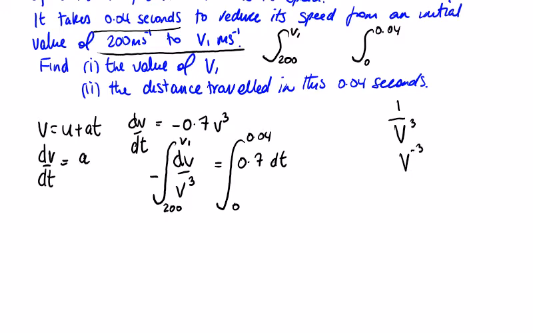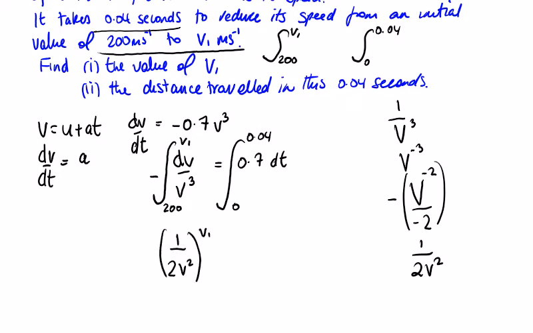So we increase the power to minus 2 and divide by that minus 2. And I've got a minus in front, so bring the v back down to the bottom, it's going to be 2v squared down the bottom, so 1 over 2v squared.